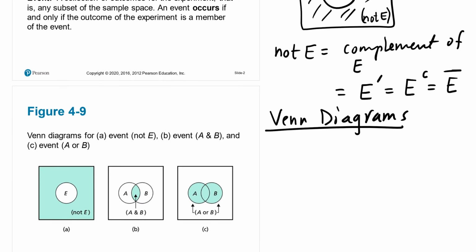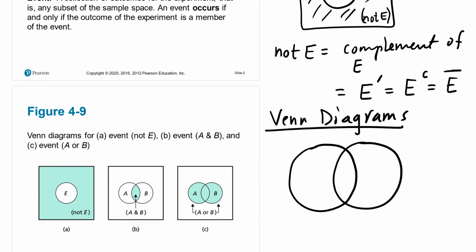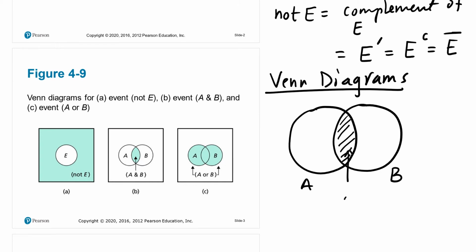Say we have event A and event B. The two events share something in common. That common part goes here, in the overlapping area. To represent this, we call it A and B. It means something that you can find in both A and B.